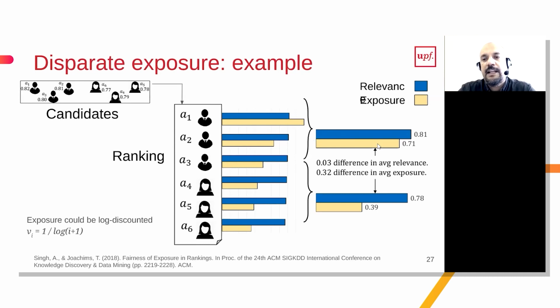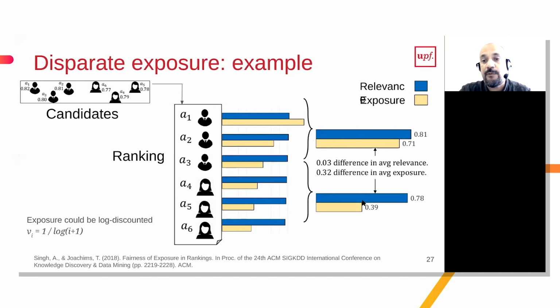However, the exposure drops very quickly, and a good rule of thumb is to use a logarithmic discount. This is typically what's used in IR. So in this case, all men have on average a relevance of 0.81 in arbitrary units, and all women have a relevance of 0.78, again in arbitrary units.